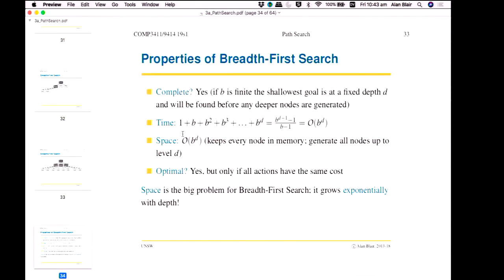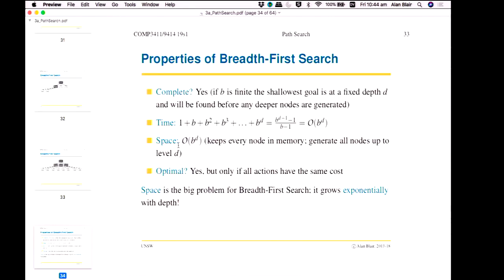So the maximum number of nodes in the whole tree before you find the solution could be this. This is a geometric progression, which is equal to this, and this is roughly equal to b to the power d. So the time complexity is order b to the d.